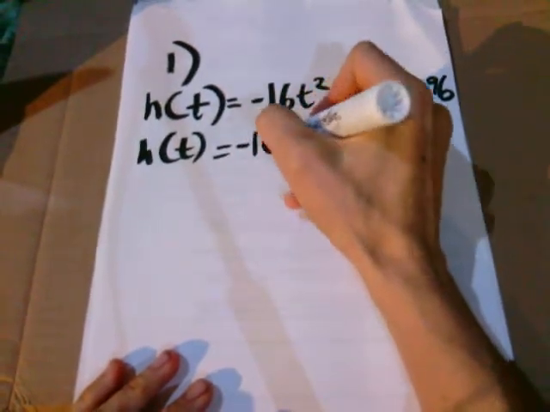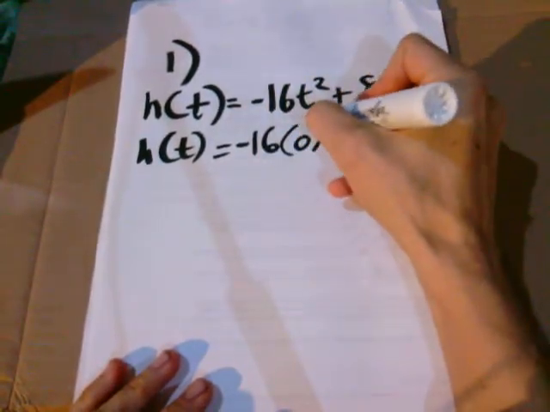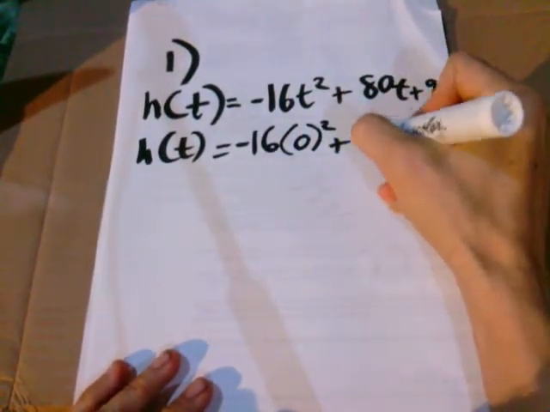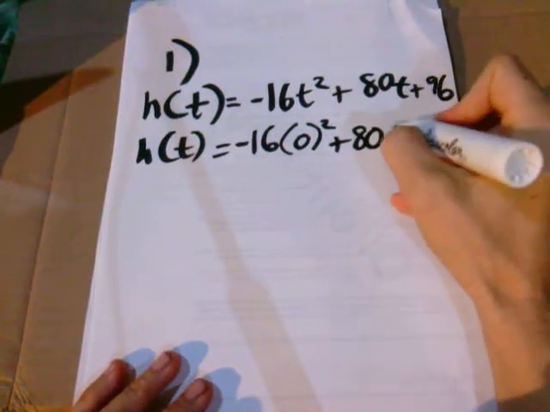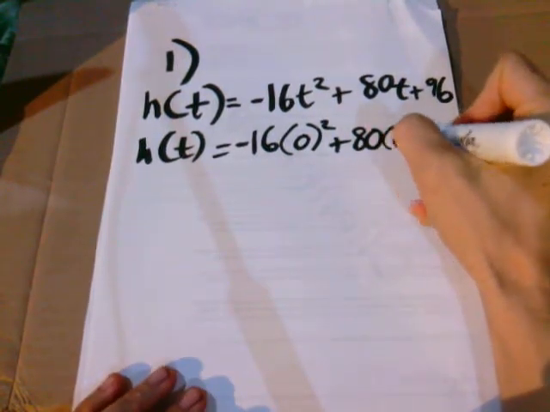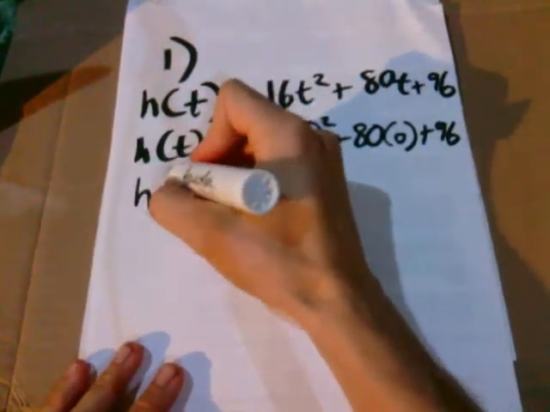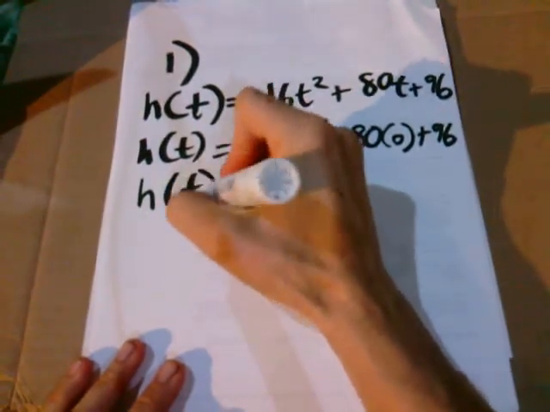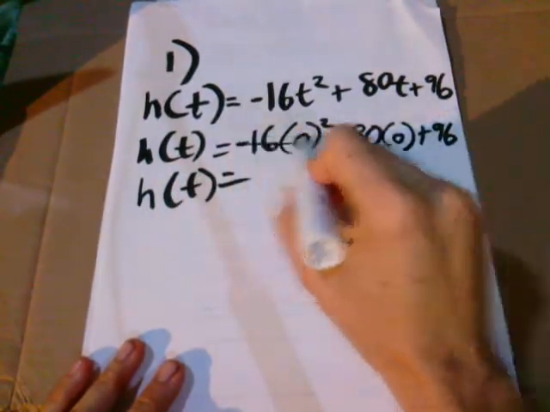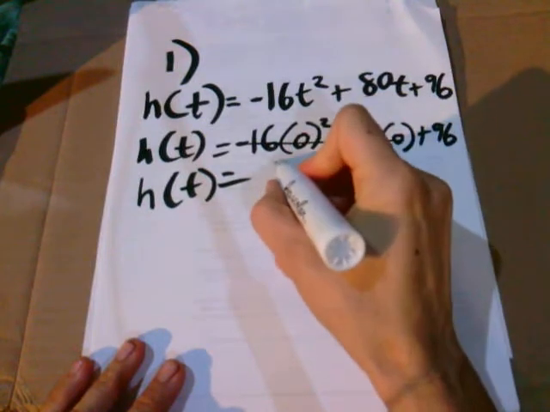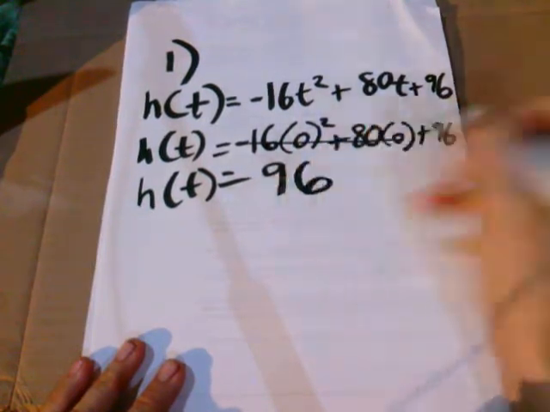So -16 times 0 squared plus 80 times 0 plus 96. So when t is 0, the height of the rocket is, this all cancels out, and the height of the rocket is 96.